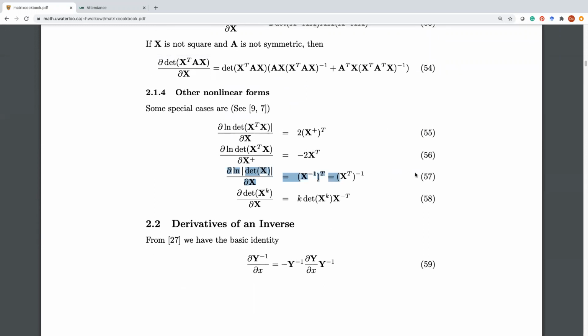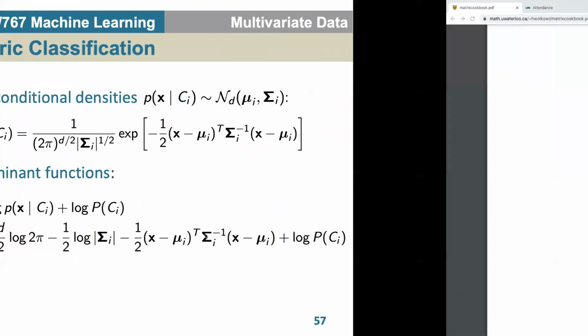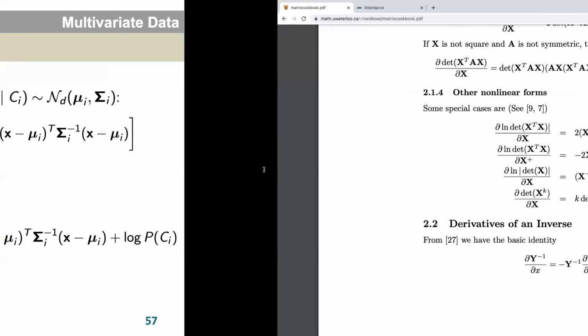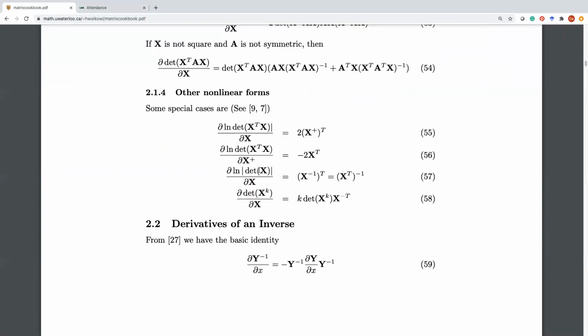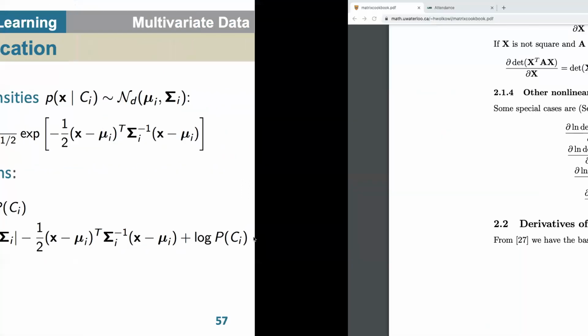Determinant and log. Of course we have an absolute value because the determinant can be negative. But for our case, we don't need it because it's a covariance matrix. The covariance matrix determinant is always positive, so we don't have the absolute value.